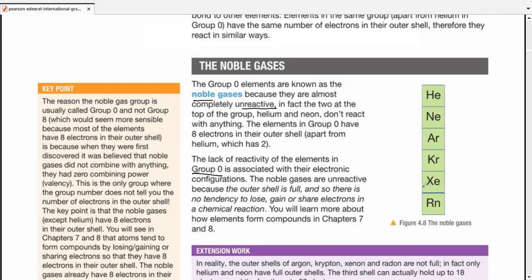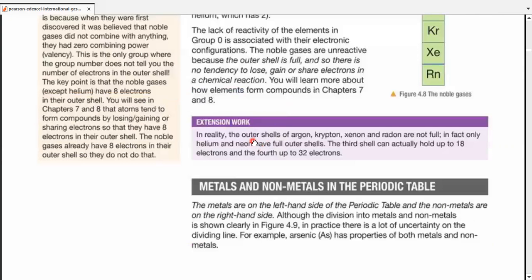And that's why the name group 0. It does not need to lose, gain, or share electrons in order to go through a chemical reaction and form compounds. That's why group 0, because of 0 reactivity. It doesn't mean they won't form any compounds at all. Extension work tells us that in some cases, krypton, xenon, and radon have compounds with other elements as well.